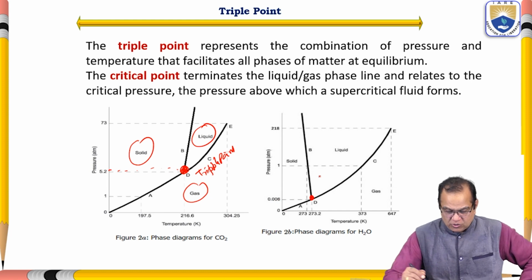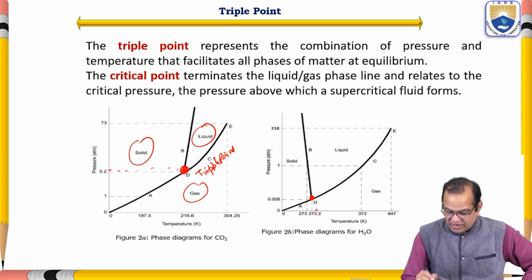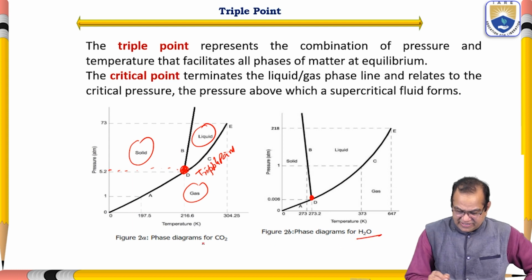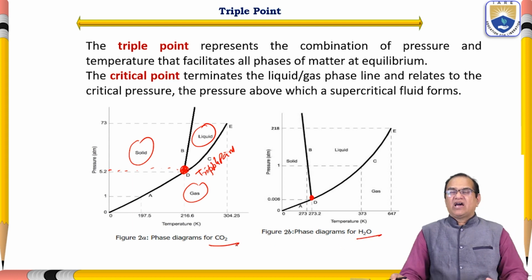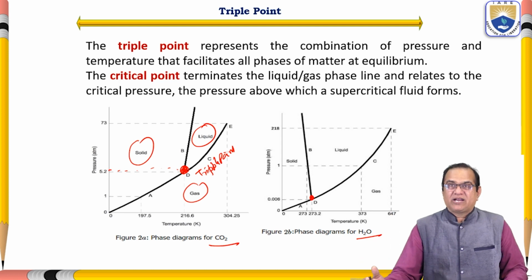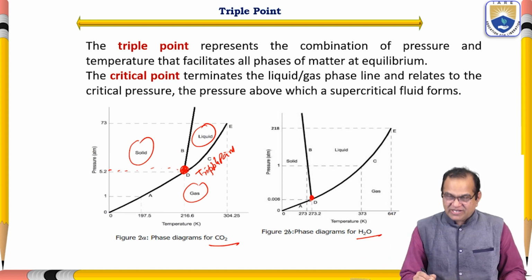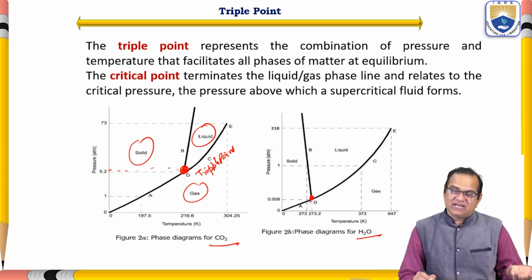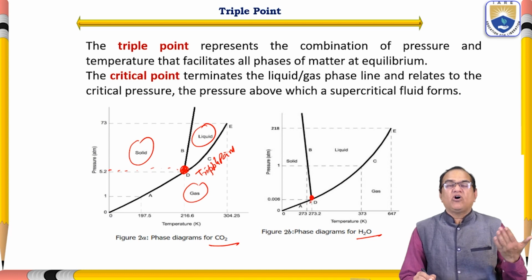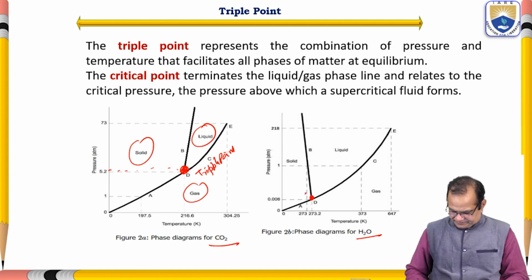So that is the difference between water and carbon dioxide. Carbon dioxide has a high triple point, water has a very low one, and some other liquids and gases have it even lower.